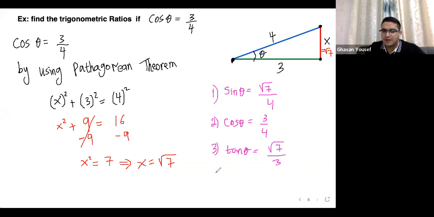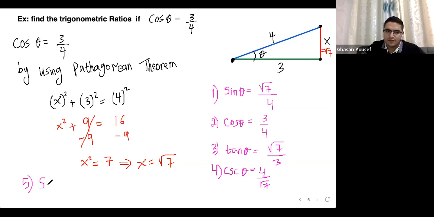Now I can find the reciprocals. The reciprocal of the sine is called the cosecant. So number 4, cosecant of theta is the reciprocal, 4 over square root of 7. Number 5 is the secant, the reciprocal of cosine. We have to flip the cosine.